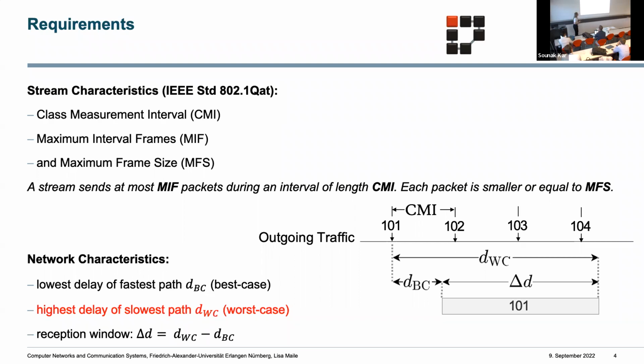So the question was whether this interpretation of the stream characteristic is only one interpretation, because the interval is periodic, but it might also be interpreted as a sliding window. And what happens then? Yes, exactly, we also considered this, and basically it is then similar to aperiodic or jitter traffic. We have added this also in our paper, and we basically just adapt the ranges a little.